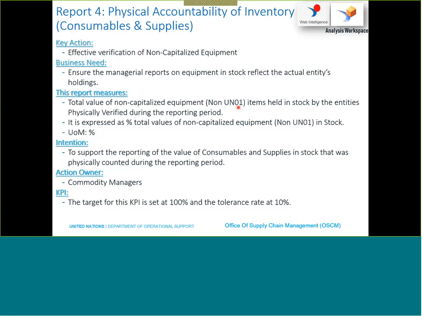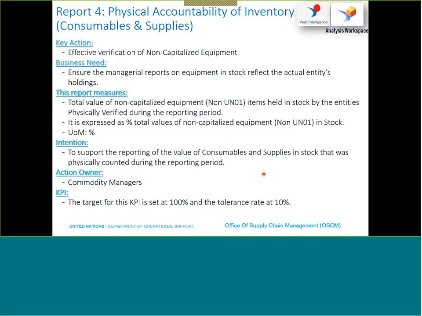Okay, so we saw that the report before was covering the serialized equipment UN 01, items held in stock by the entities physically verified during the reporting period, expressed in percentage of total values of non-capitalized equipment, again, non-UN 01 in stock. The intention of the report is to support reporting of the value of consumables and supplies in stock that was physically counted during the reporting period. And the KPIs for this report are set at 100 and the tolerance rate at 10%.